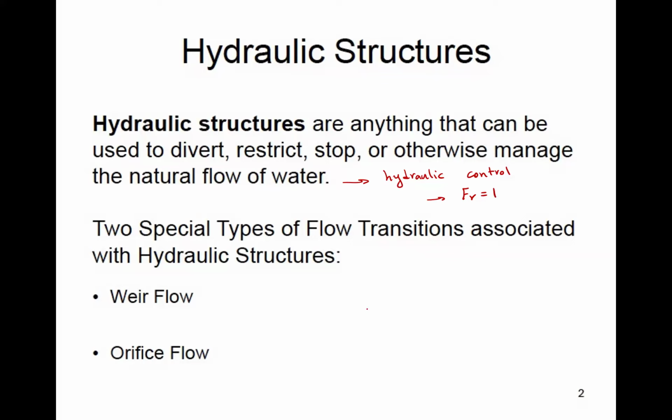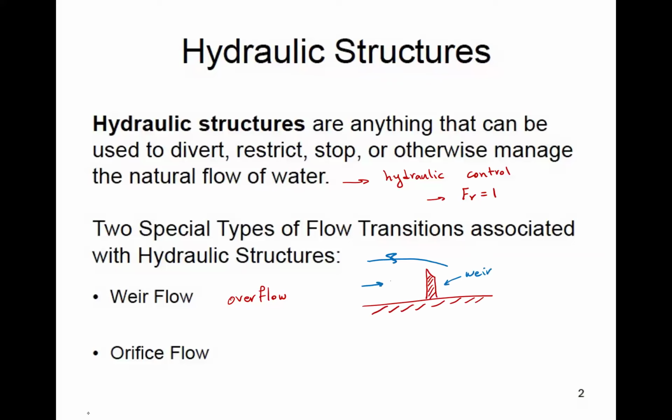The first one, weir flow, is actually an overflow type structure, meaning that on a channel bed, we put in some objects, some structures like this to basically block the flow, and then the flow has no choice, it has to go over this structure. That's the water level. This is what we call an overflow weir or weir type structure and so on. So this will be called a weir in general. So that's one case.